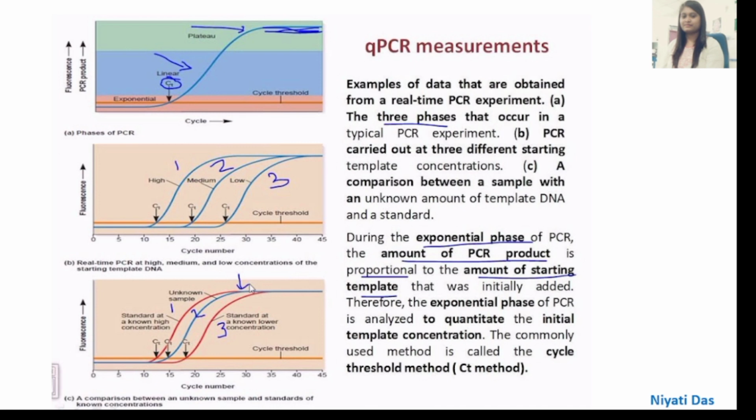The concentration of desired sample separated from the background noise is known as CT. So we can measure the DNA or gene above the CT, not below the CT value, because below the CT value there is more background noise.